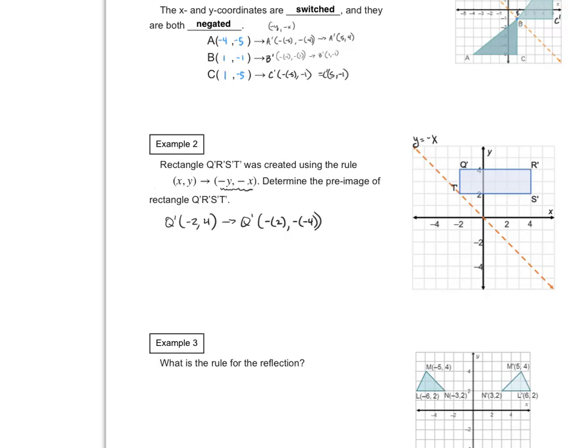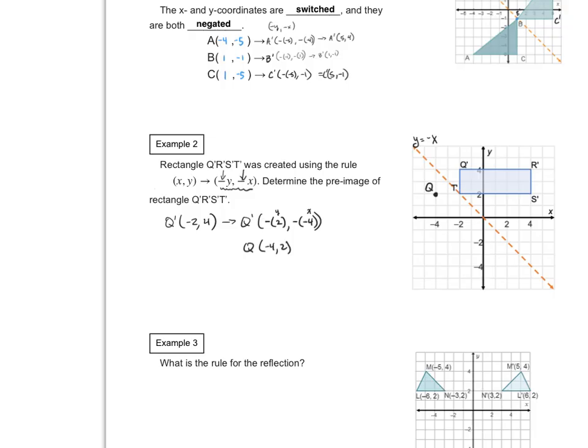So that's what it is now. I brought my negatives out here, so I see what my original x value was and my original y value. So Q is going to be -4, 2, which is right there, Q.